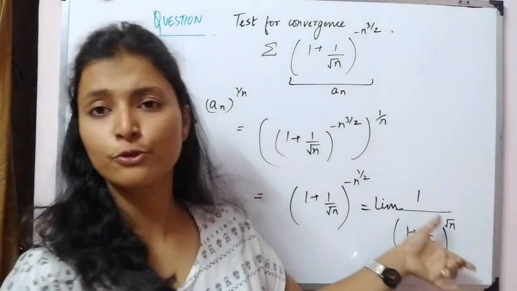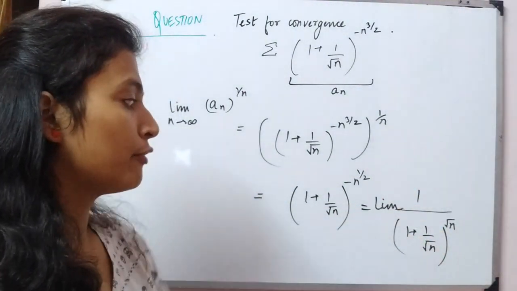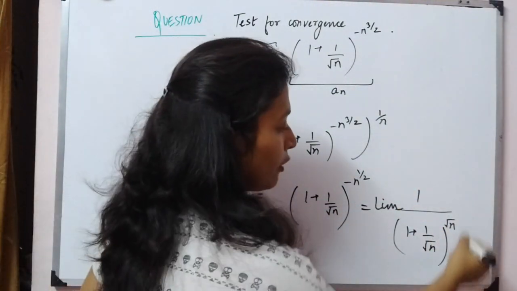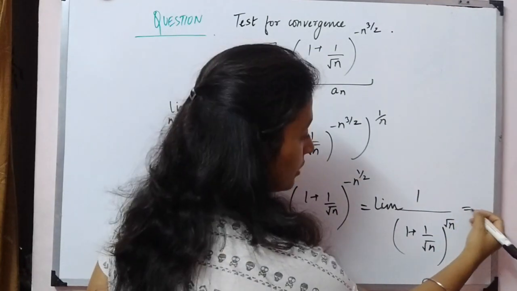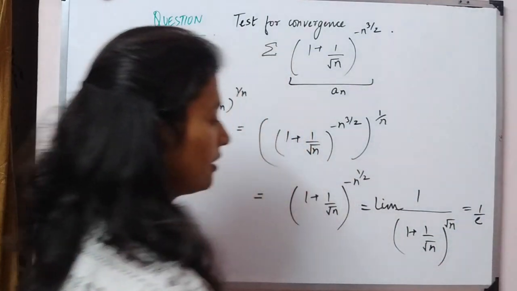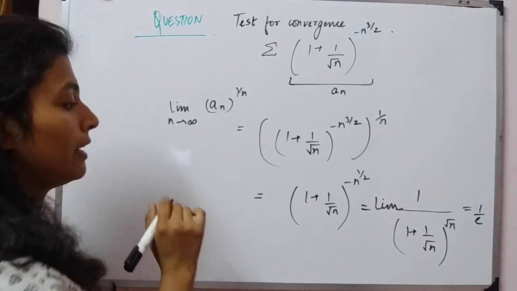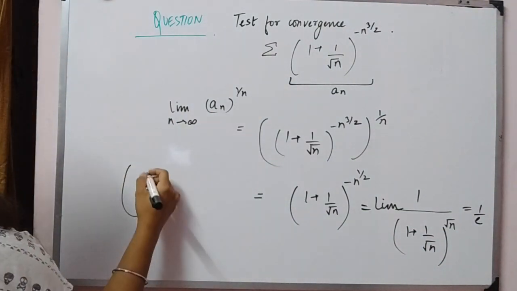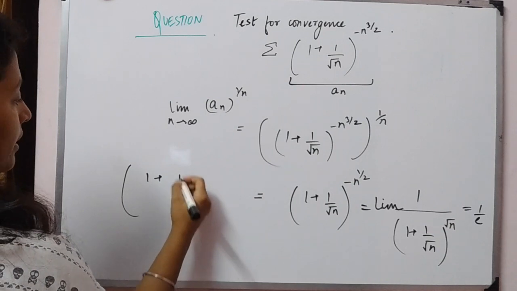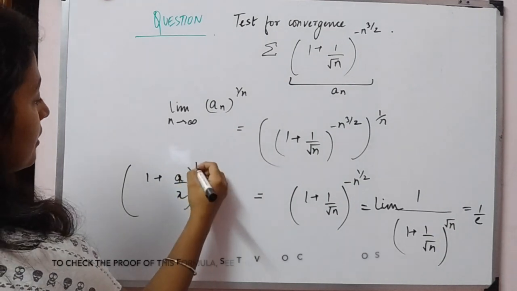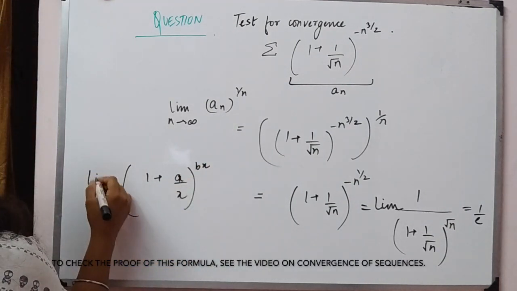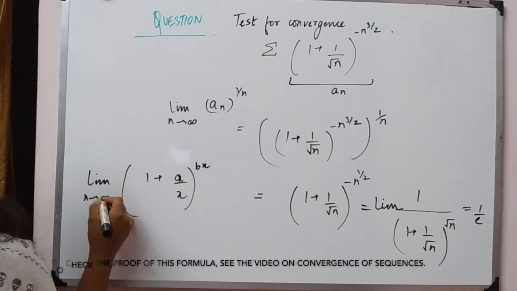Now as you should recall, this is a direct formula with which we get the limit of this term to be e. So this becomes 1 by e. Now how does this become e? You should just remember the formula. The formula is: (1 + a/x) raised to power bx, limit x tends to infinity.